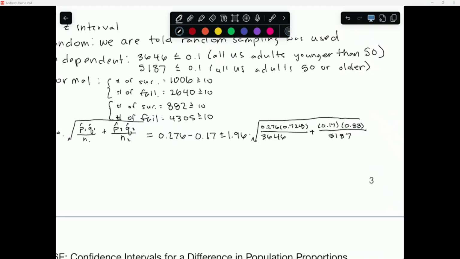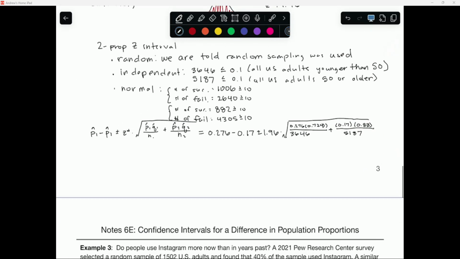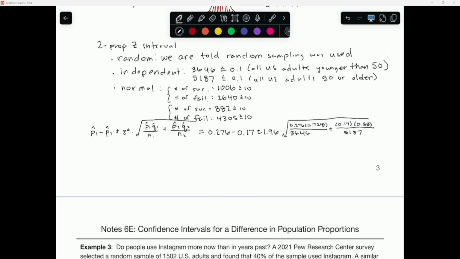And again, we don't want to do that by hand, so we're going to grab our calculator and run 2-PropZInt. So stat test option B, and we're using the number of successes and our sample size. So 1006 and 3646, and then 882 and 5187.